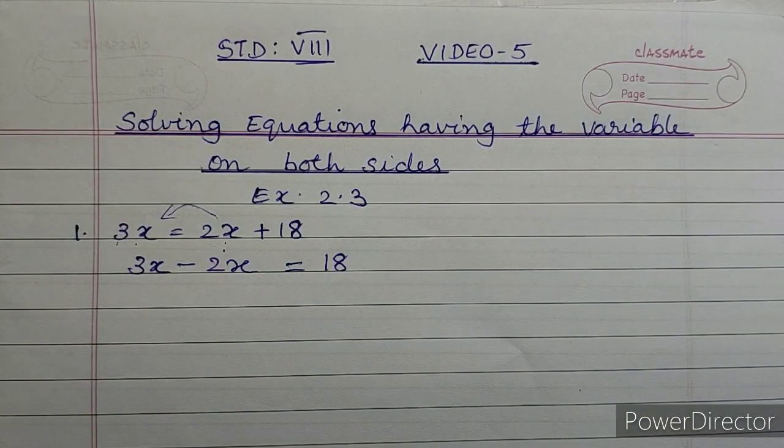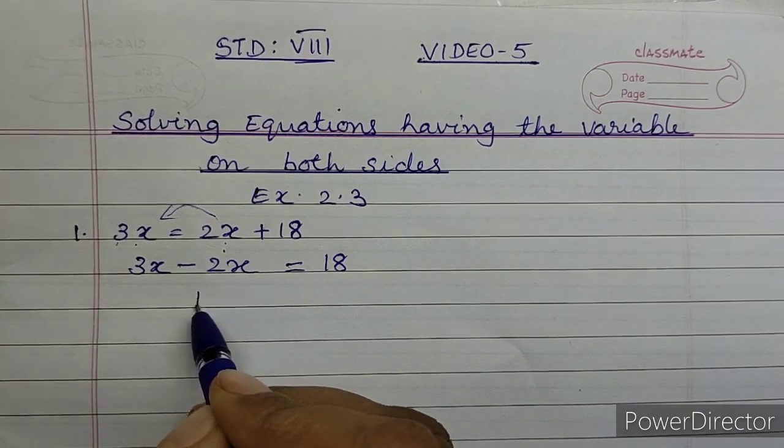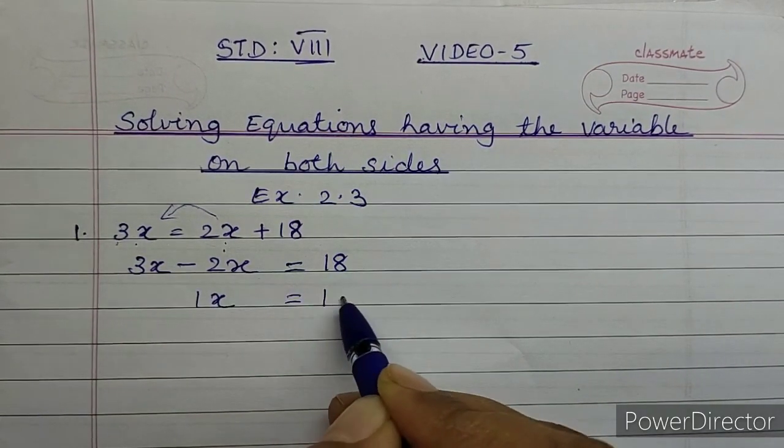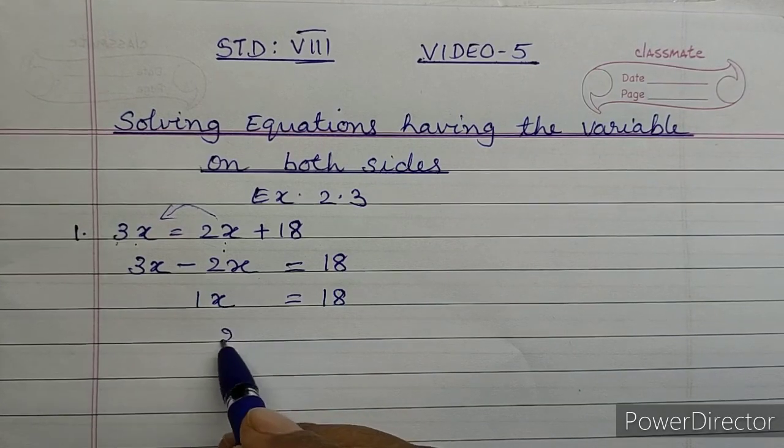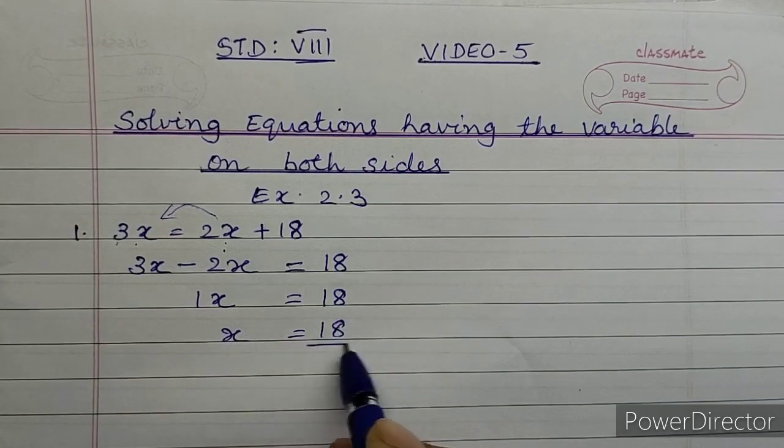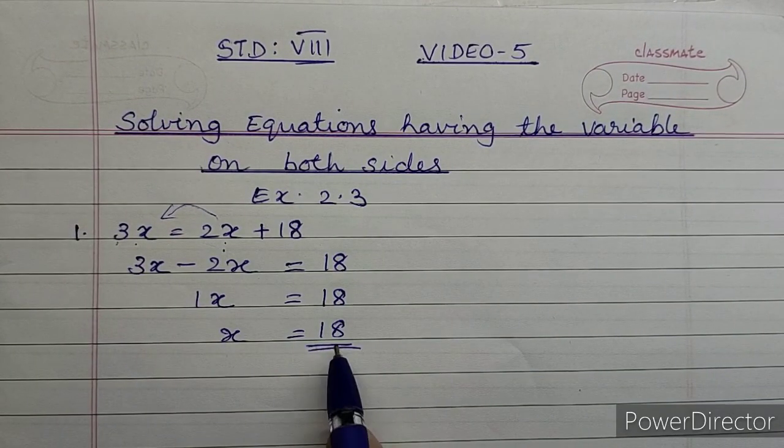So 3x minus 2x, that is 1x equals 18, or x is equal to 18. 1x means x only, so x equals 18. So this is the way you will solve equations having the variable on both sides. Bring the variables together, number part to the other side, then follow the same method.